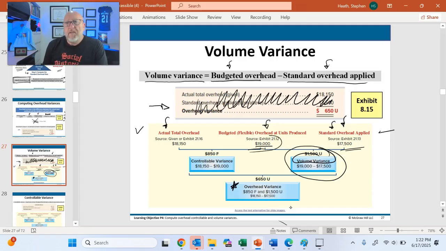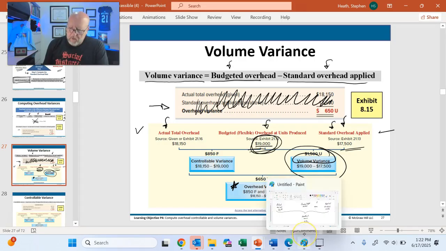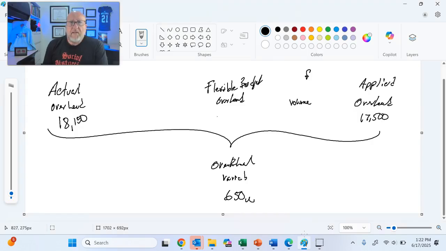And in these PowerPoint slides, they're telling us it's 19,000. This is usually given. And this we need to learn how to allocate. But in my example here, I have a flexible budget of 19,000.